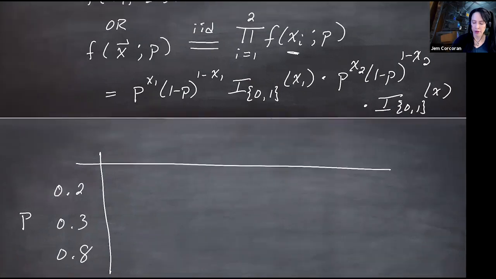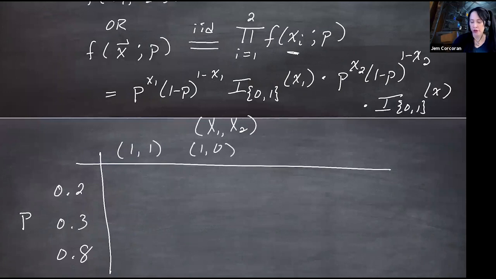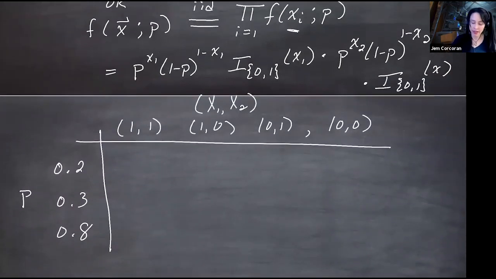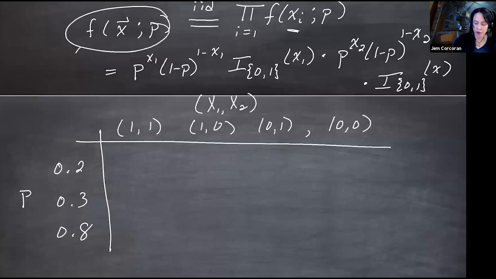And then up here, I'm going to put the data, or the values of x1 and x2. It could be 1 and 1, or 1 and 0, or 0 and 1, or 0 and 0. And then inside the body of the table, I'm going to put these joint probabilities. They're going to go right in the middle.